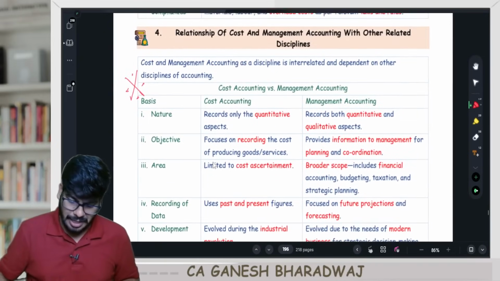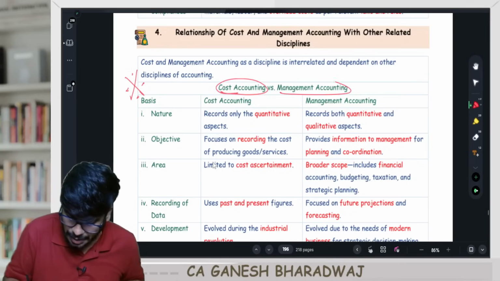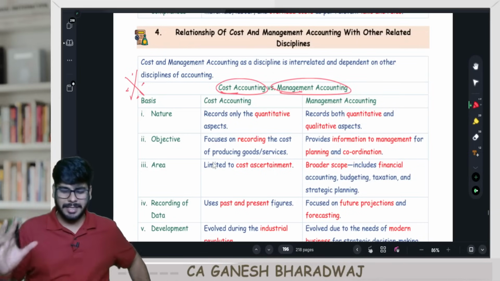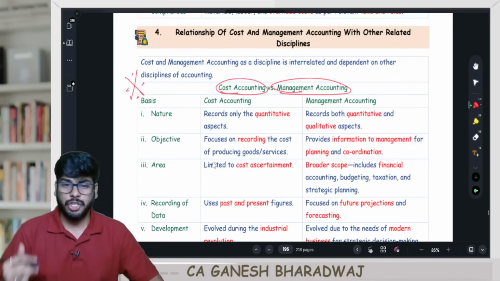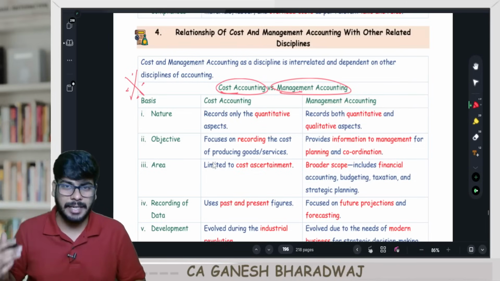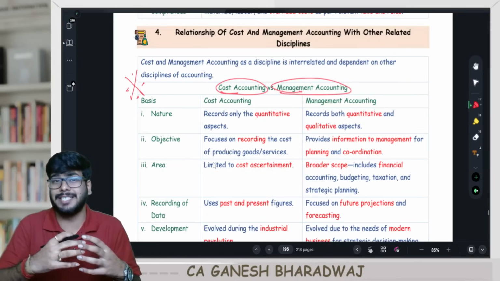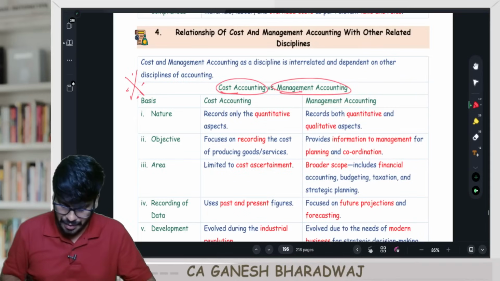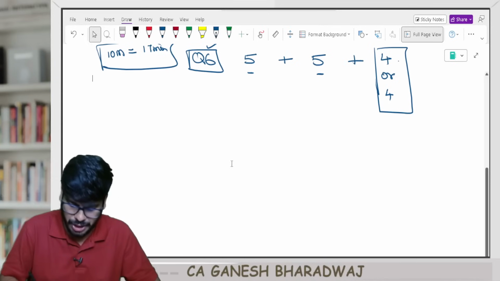Relationship between your cost accounting and management accounting. Guys, understand broadly, I'll tell you. If you have already attended my lecture, I would have given a chapter called basic concepts, where I would have explained that our subject broadly has 3 objectives.